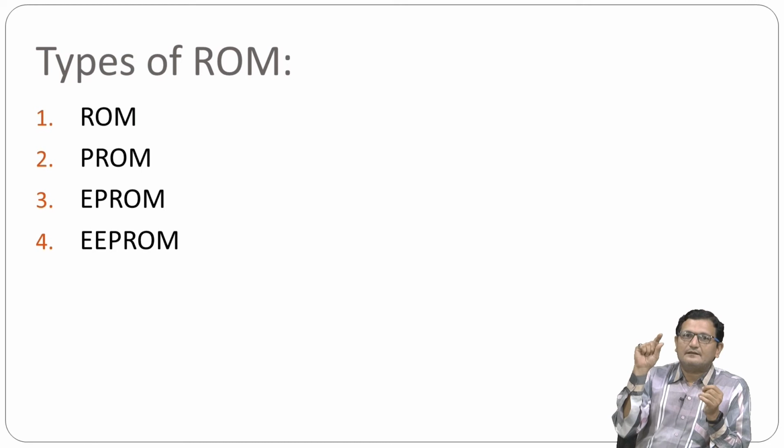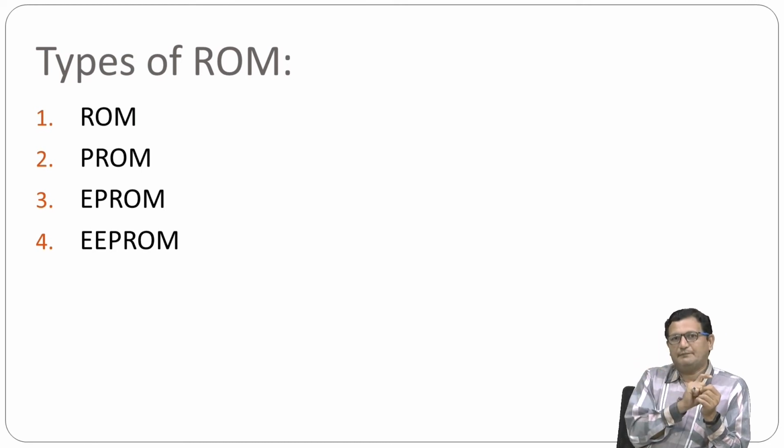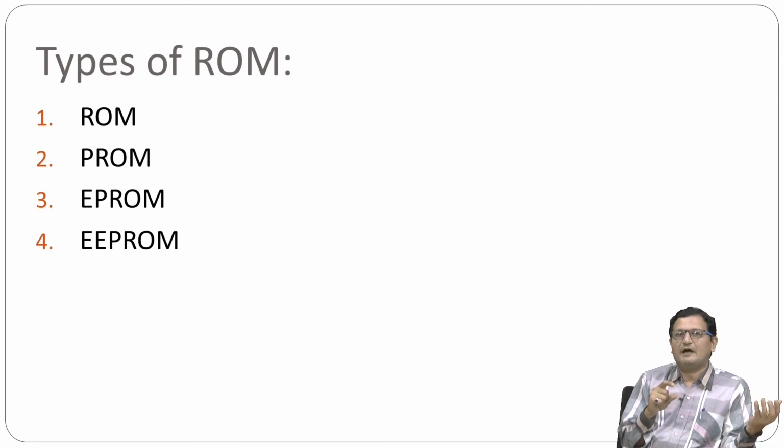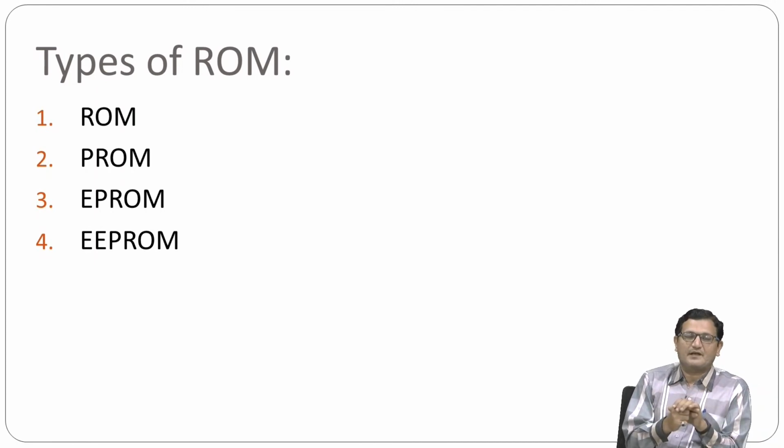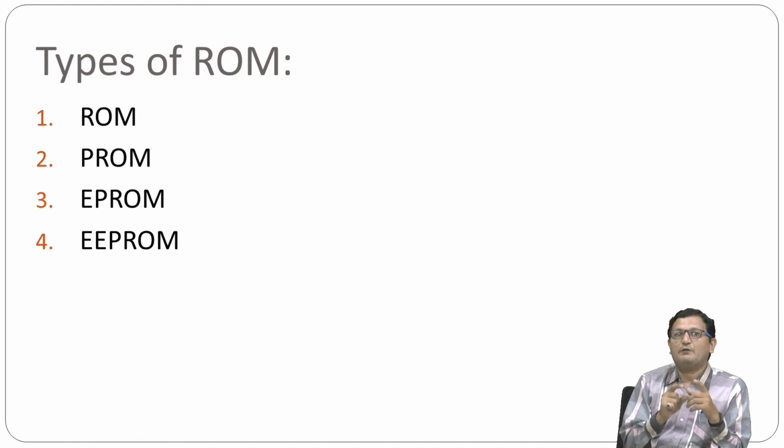a blank memory module is available. You can buy that memory module from the market, and afterwards if you have a program, you go to any hardware vendor, and that hardware vendor will write your program on the chip. Here you have bought a new read-only memory from the market.